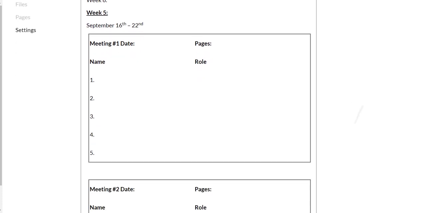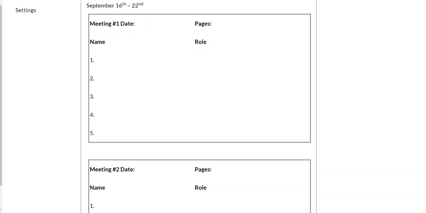Also, go ahead and decide on how many pages you're going to read. So here again, 4 meetings, so you need to divide your book into 4 chunks. And you'll read the first section and complete that role before you meet with your group and discuss it. The group part of this is where you bring your completed roles.